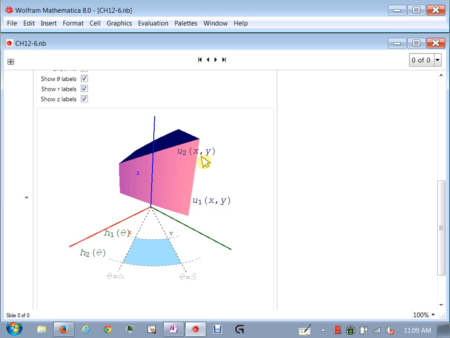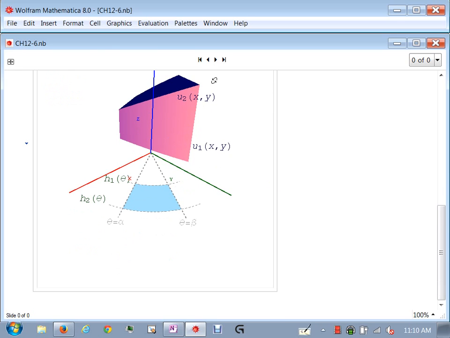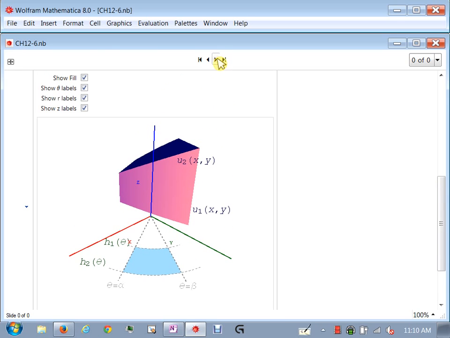However, because we have converted from Cartesian to polar, we can't use u1(x,y) as is. We have to convert those x and y's to polar also. But that's a general picture. Questions on the general picture?